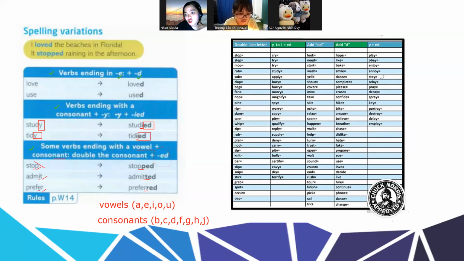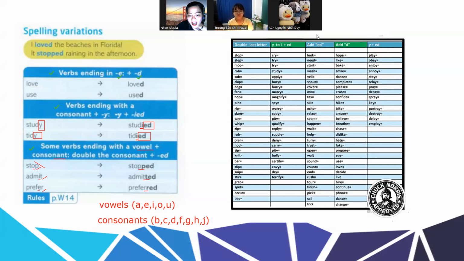All right. Actually, there is also another one. If the word is ending in a vowel and consonant Y, add ED. Play, played. Obey, obeyed. Enjoy, enjoyed. Okay, but anyway, this is like the same with simple past regular.